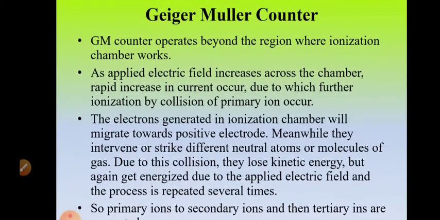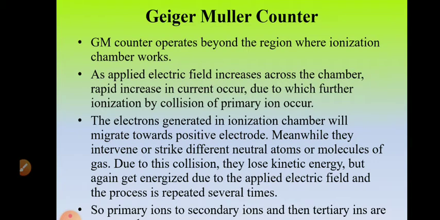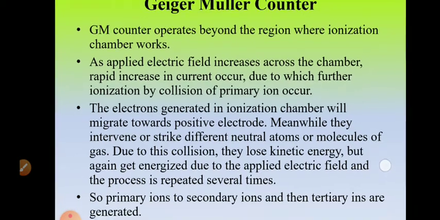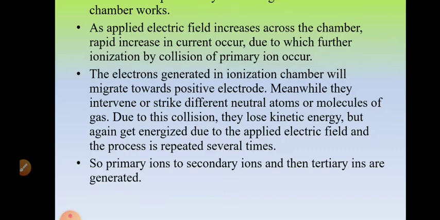So the GM counter operates beyond the region where ionization chambers and proportional chambers work. As the electric field increases across the chamber, there is a rapid increase in current, due to which further ionization by collision of primary ions occurs. The electrons generated in the ionization chamber migrate towards the oppositely charged electrode.